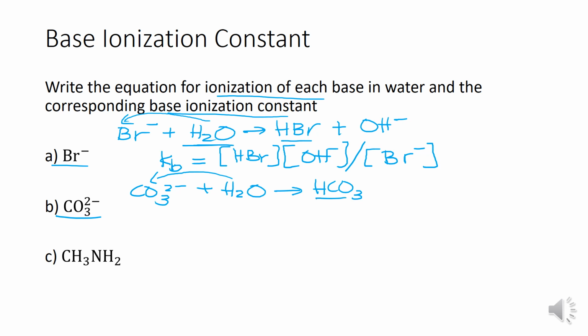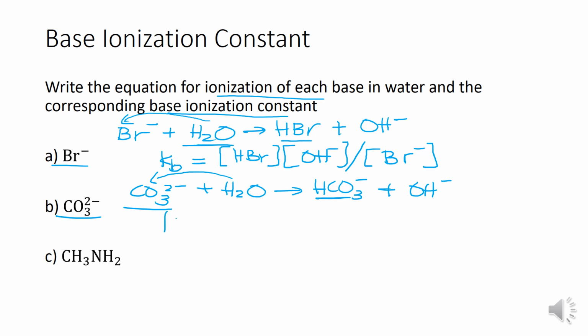Since carbonate has a charge of -2 and it accepted a hydrogen ion, the charge of bicarbonate is -2 plus 1, so that is -1. And again, the other ion is hydroxide ion. So this is the chemical equation for the ionization of carbonate in water.